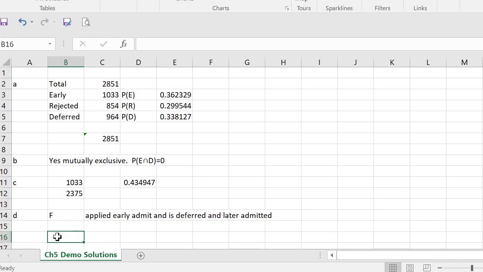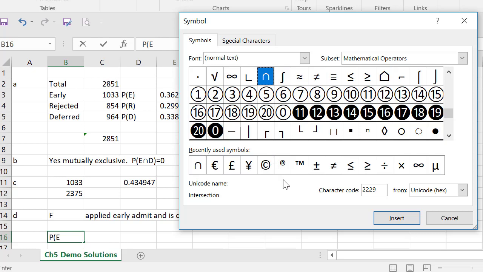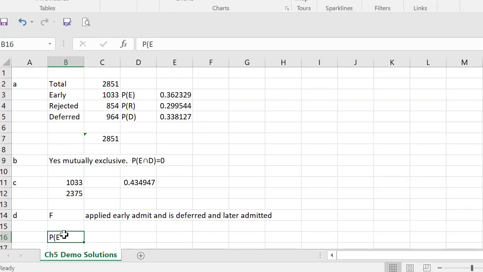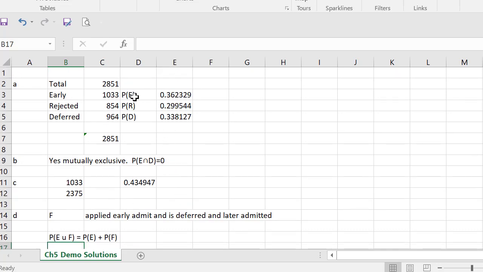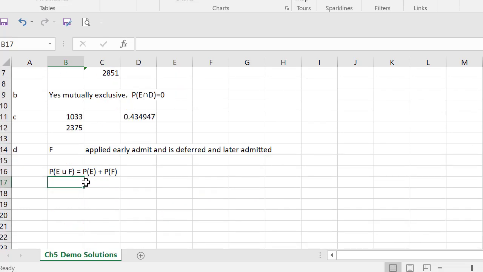So we've got the probability of E union F, I can insert a symbol for union here, is equal to the probability of E plus the probability of F. And we know the probability of E from here is 0.3623.